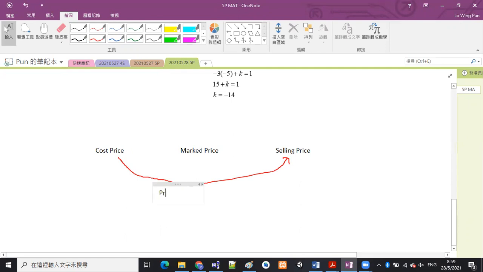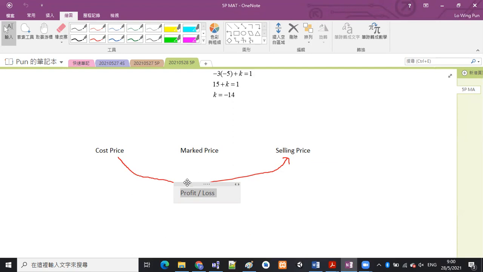When you see this type of keyword, you need to think about the cost price and selling price. Profit, loss, or sometimes profit percent, loss percent.